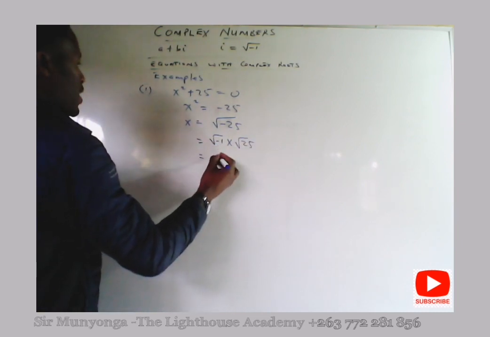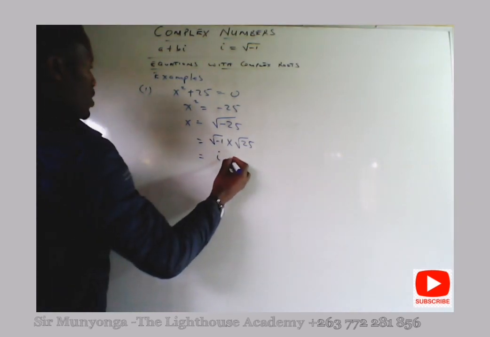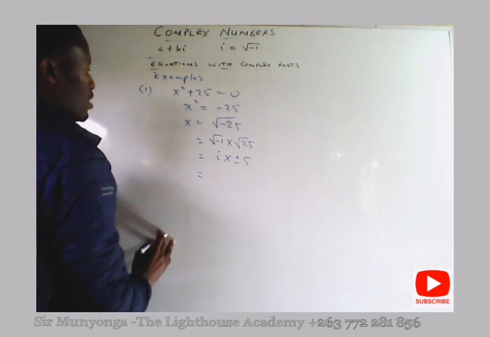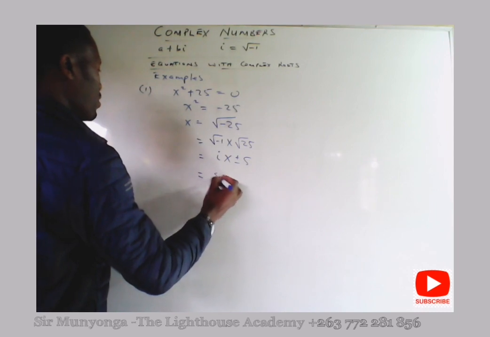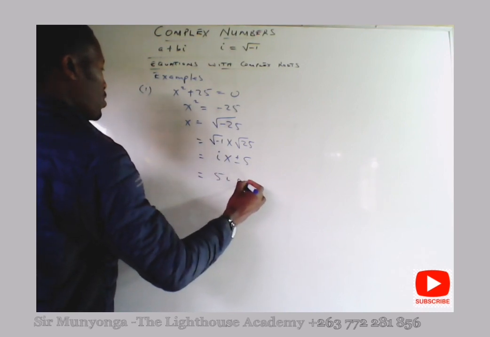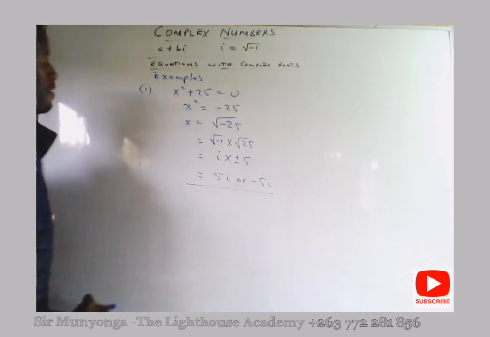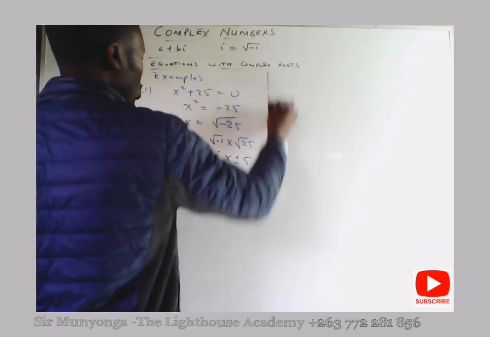The square root of minus 1, that's i, and the square root of 25, that's plus or minus 5. So the roots of x squared plus 25 are 5i or minus 5i.